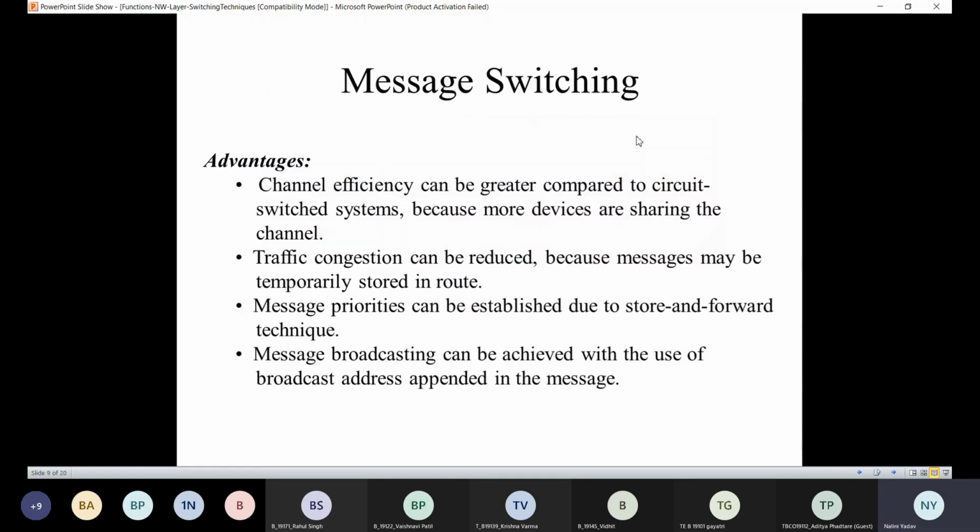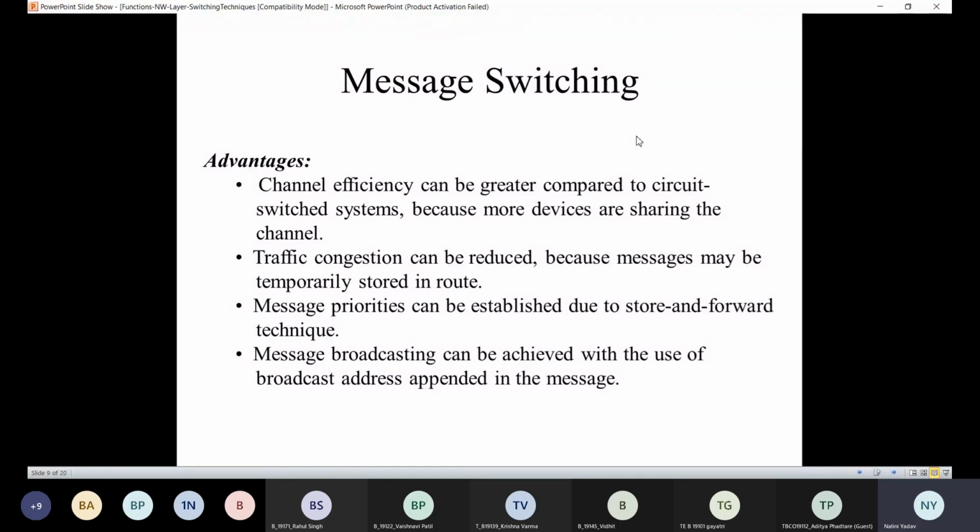There are a few advantages of message switching techniques. The first is that channel efficiency can be greater compared to circuit switching, because more devices are sharing the channel. Then traffic congestion can be reduced because the message may be temporarily stored in a route. Then message priorities can be established due to the store and forward technique.